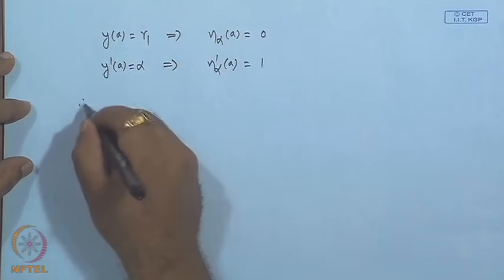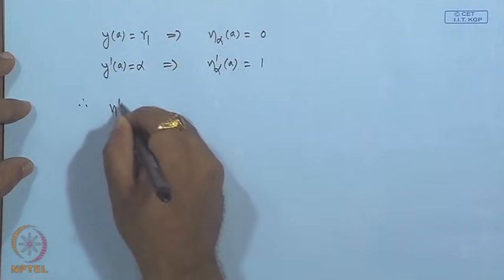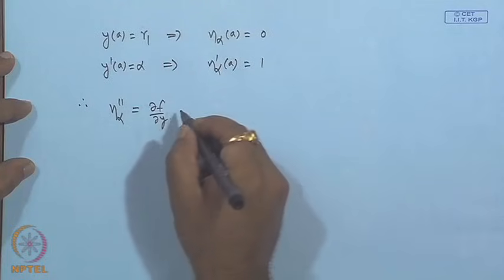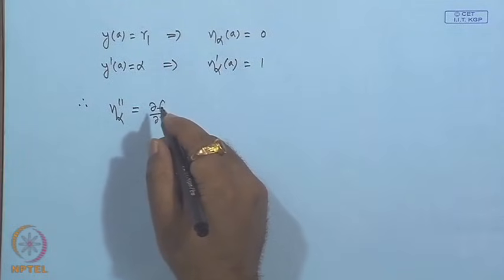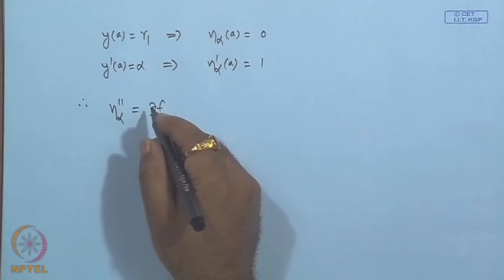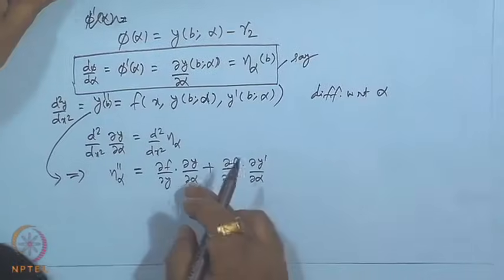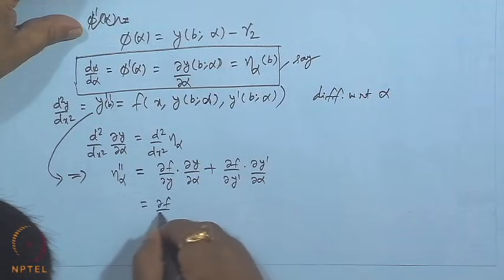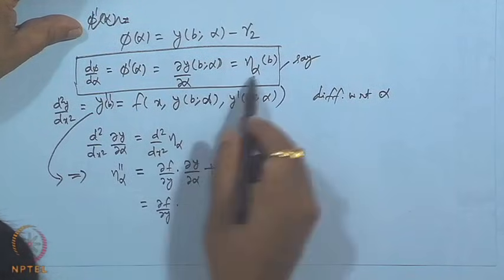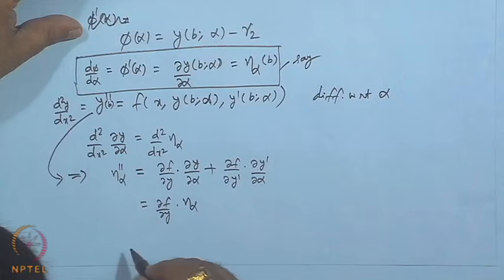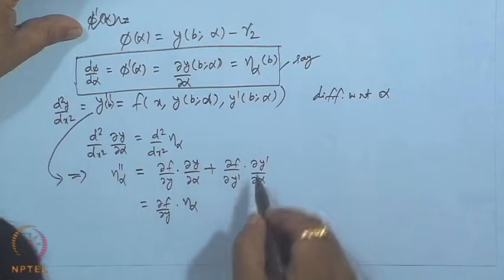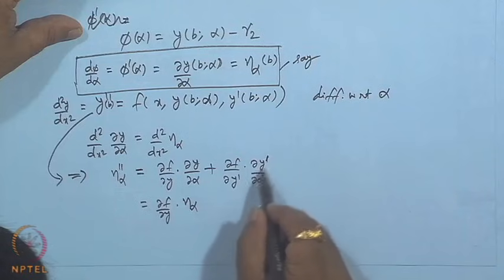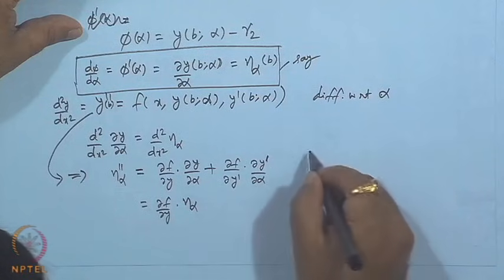So, therefore, what did we achieve? We have converted... and one more, this is what? This is eta alpha. And what about this? This prime can be given to eta, right? How?